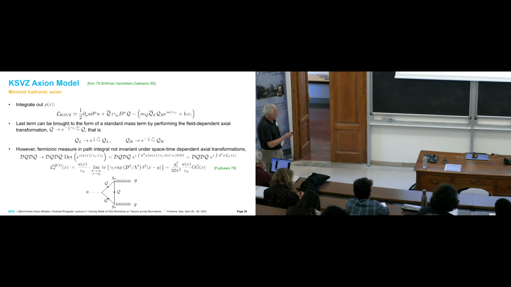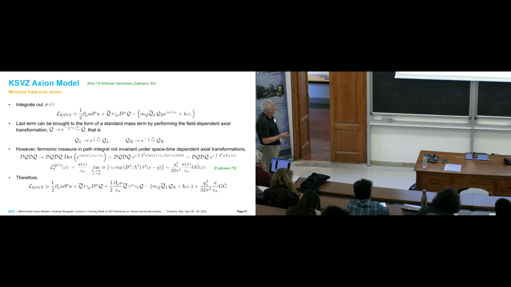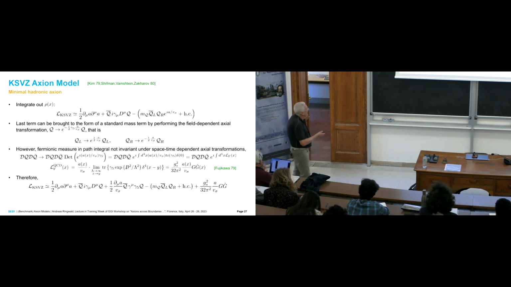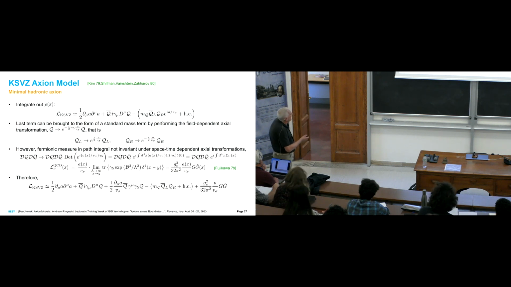Now, if we use this non-invariance, then we understand that from this expression we get the following one. From this chiral transformation, we find that this mass term can be brought to the standard form.